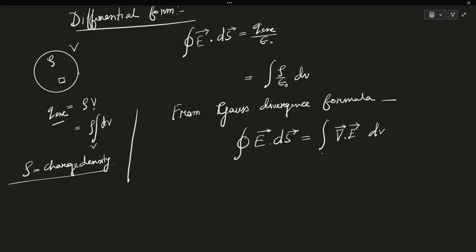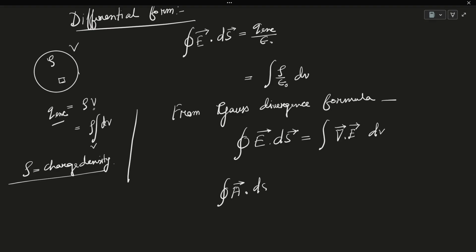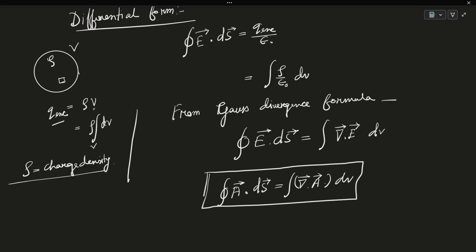So this is coming from the Gauss divergence formula. For any vector, let's say any vector capital A, for a closed surface, the surface integration can be written as the volume integral of the divergence of the vector A. I hope you understand this.